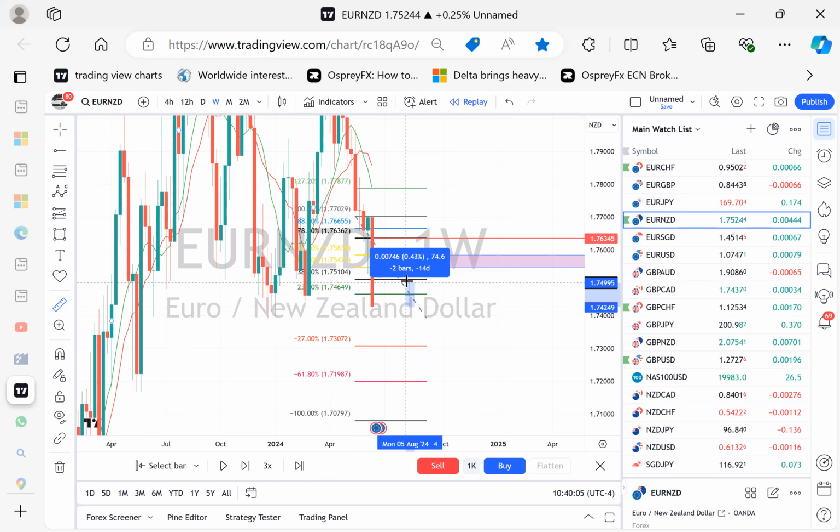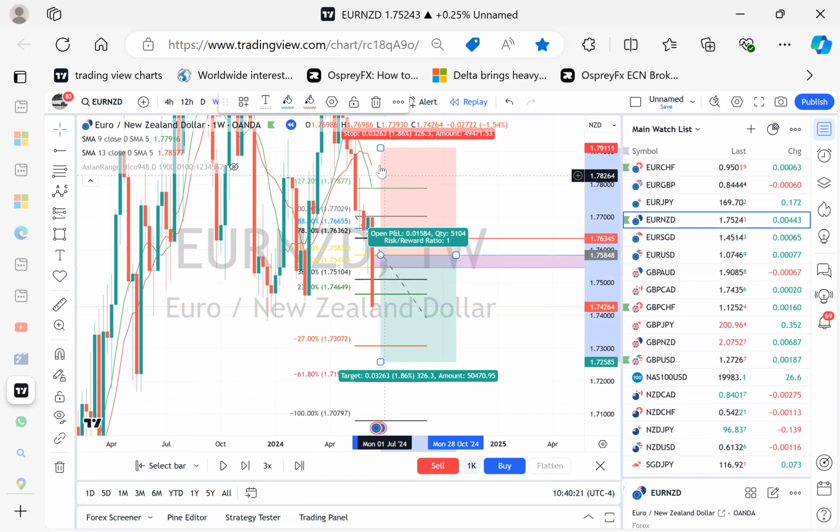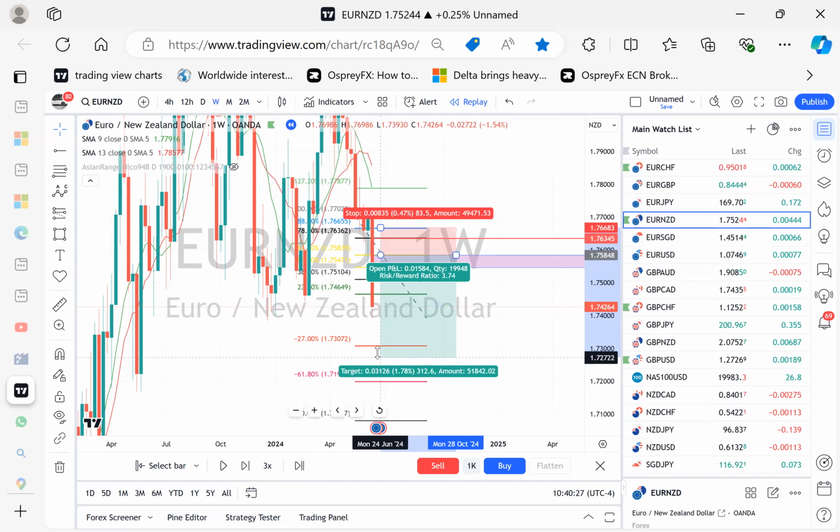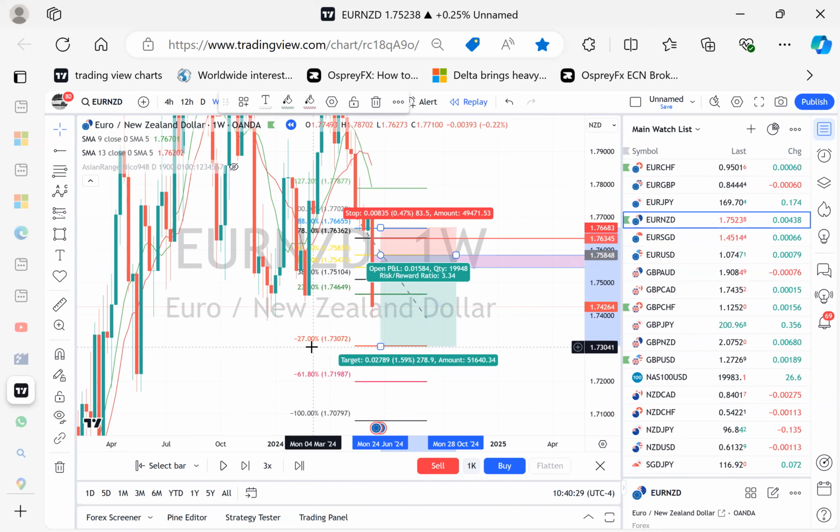I bought it from here up to this area because all I need is 100 pips per week. But you could be the person that actually takes a short at the negative 61. Put your stop loss here, and your TP would be at the negative 27.